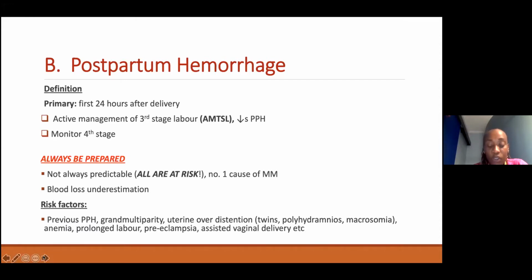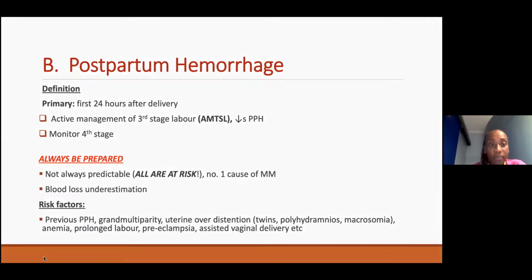For example, run a drip of oxytocin after delivery, or give prophylactic doses of misoprostol after their delivery. So those include patients with previous similar history of PPH, the grand multiparas, patients who have twins, prolonged labor, preeclampsia, instrumental deliveries. Those are generally patients who are at risk, over and above just being a woman who's delivering. All right, next.